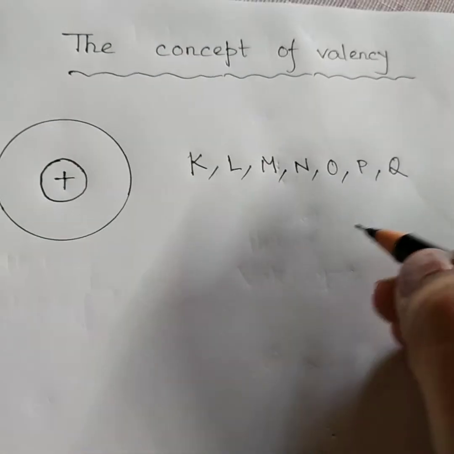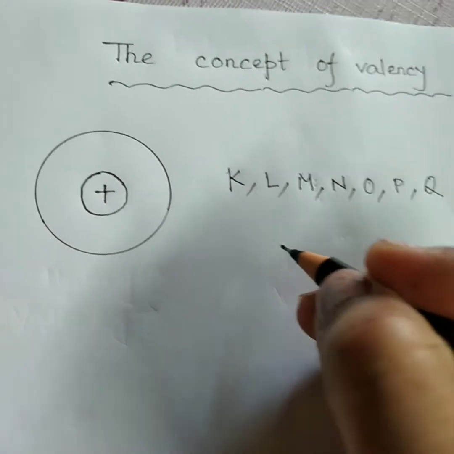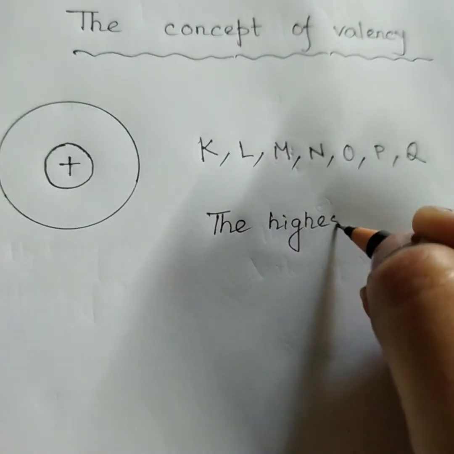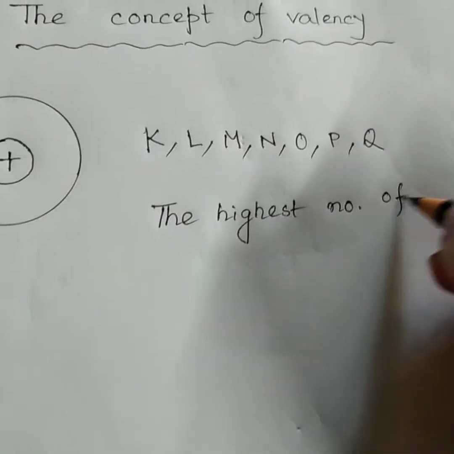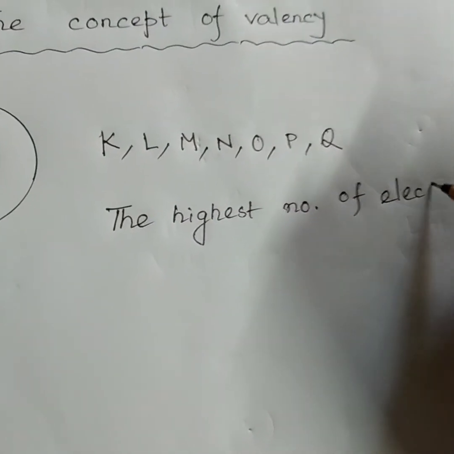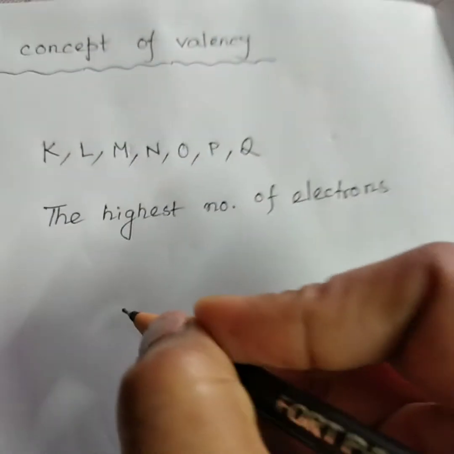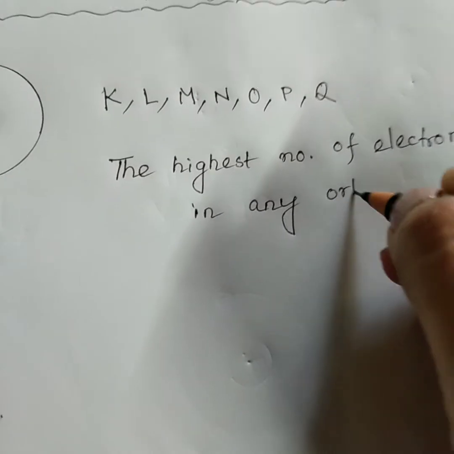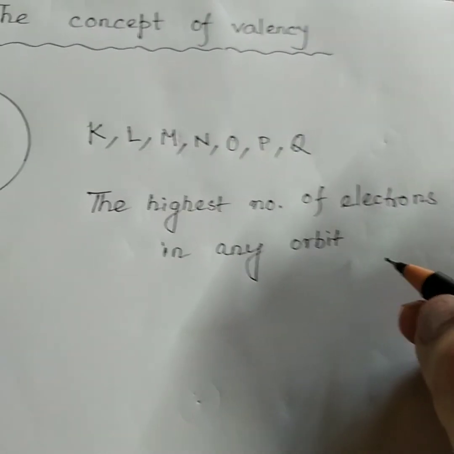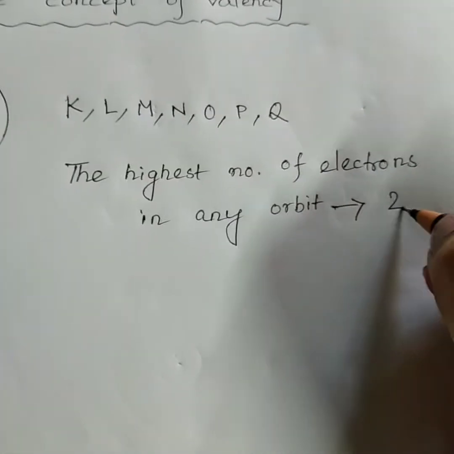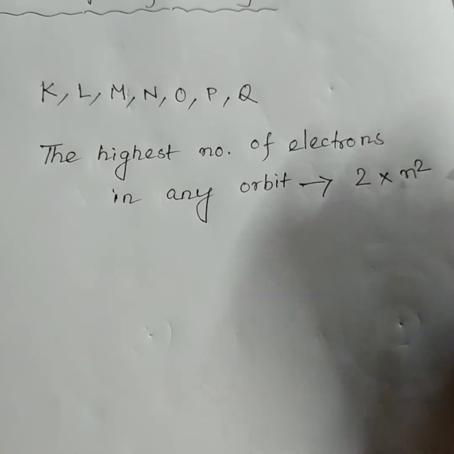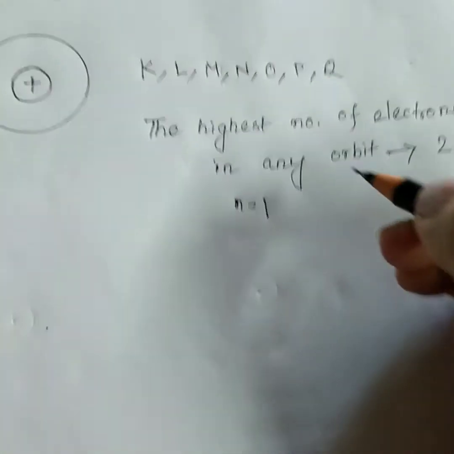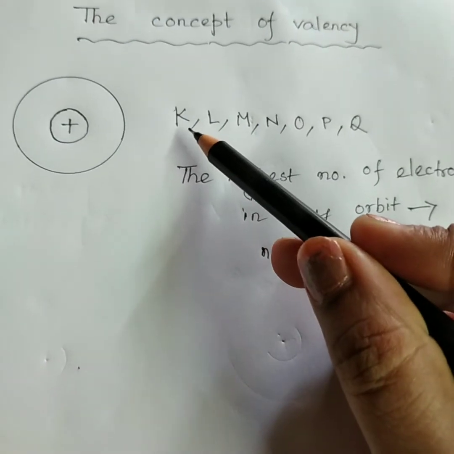Now, the highest number of electrons in any shell or orbit is determined by the formula 2n^2.